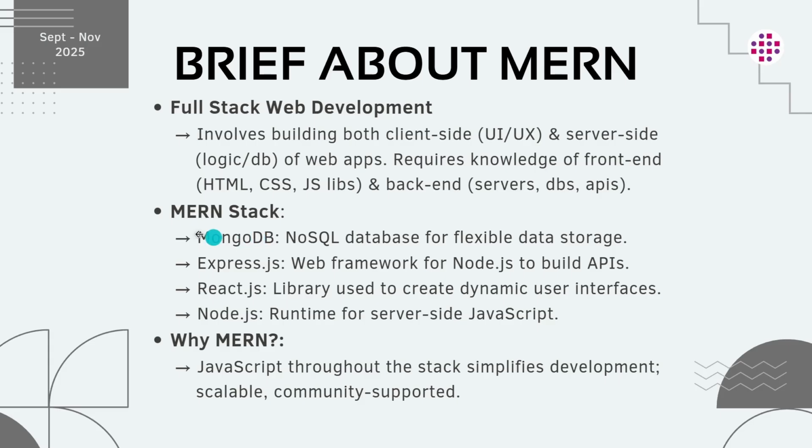Then, what is the full form of MERN, or what technologies are included in the MERN stack? It is MongoDB for the database requirement, and it is a NoSQL database, which means it saves values in key-value pair form and not in a tabular form. Then Express.js is a web framework for Node.js to build APIs, basically to build a server.